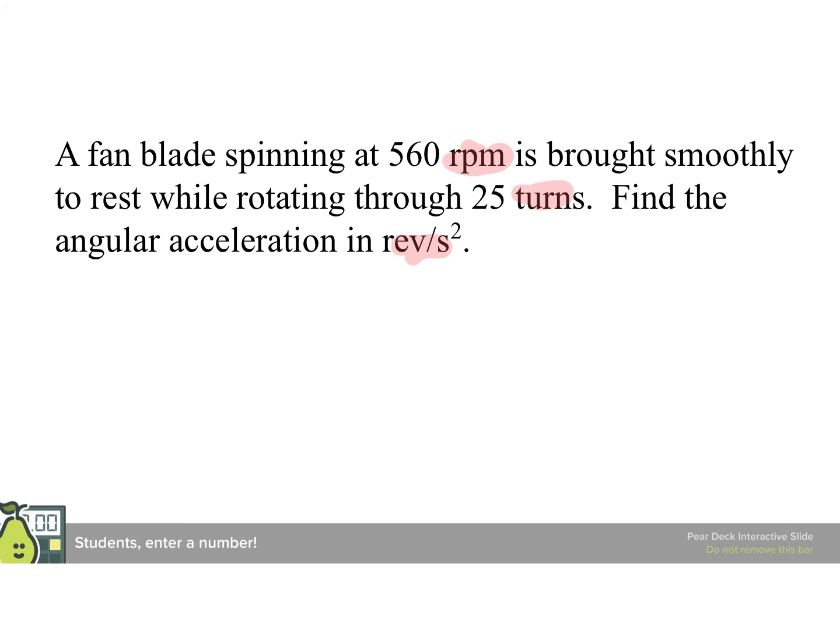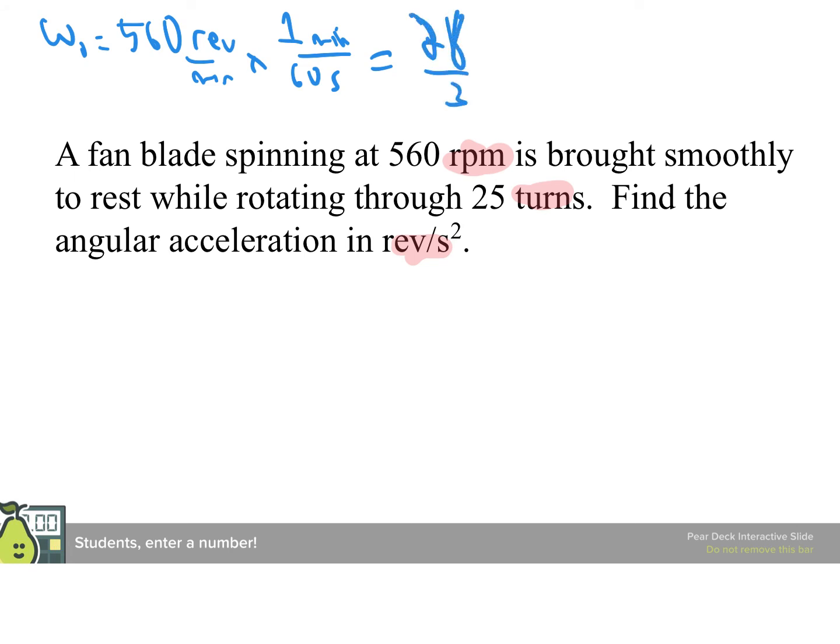So let's do that first. Omega naught is 560 rev per minute times 1 minute per 60 seconds, which is 9 1/3 or 28 thirds rev per second.